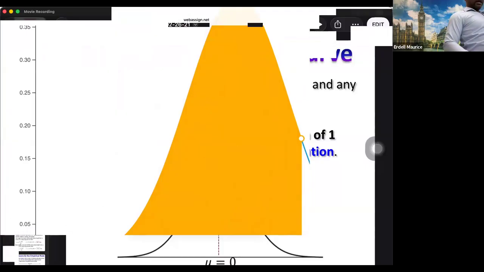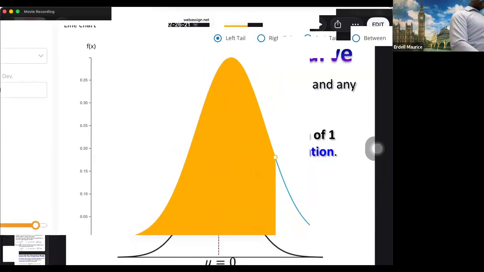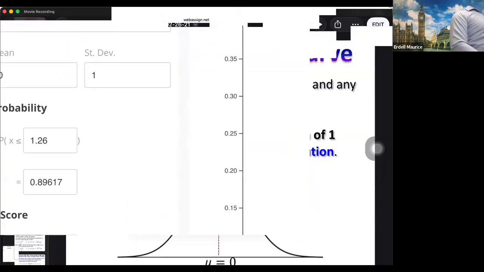But 0.5 is exactly halfway, because half of it is at 50%. So therefore, this answer has to be somewhere between 0 and 1. And so the answer of 0.8962, rounding to 4 decimal places, this is going to be our answer right here. Questions there?